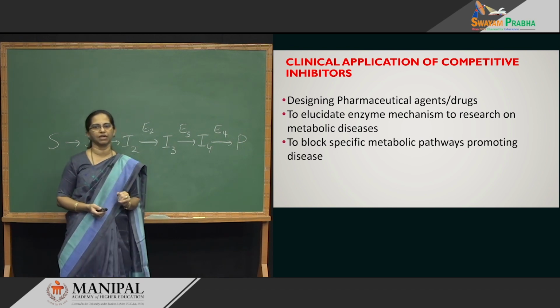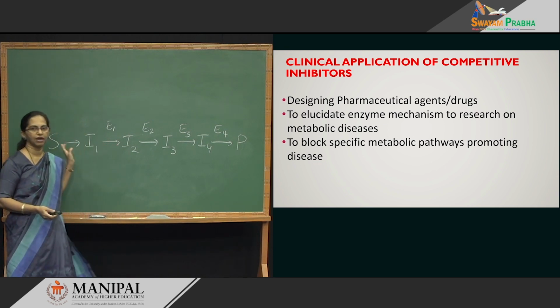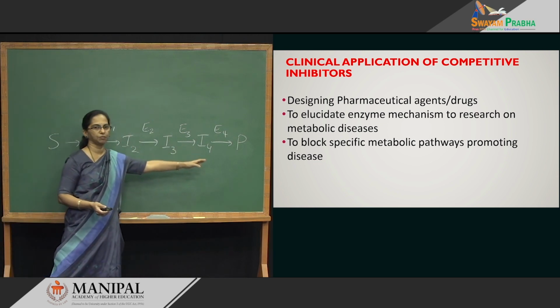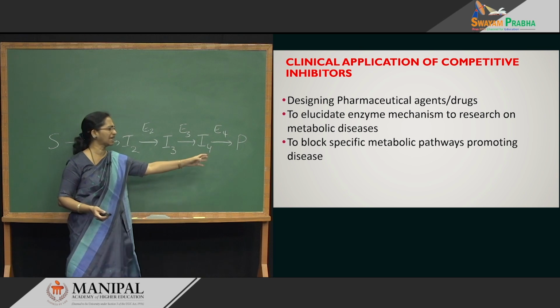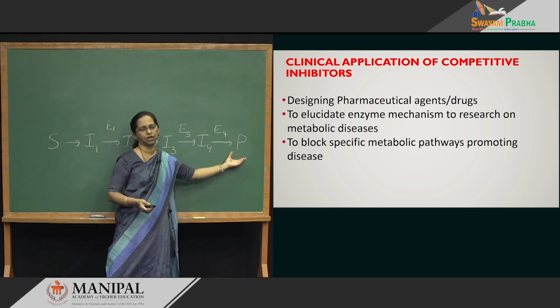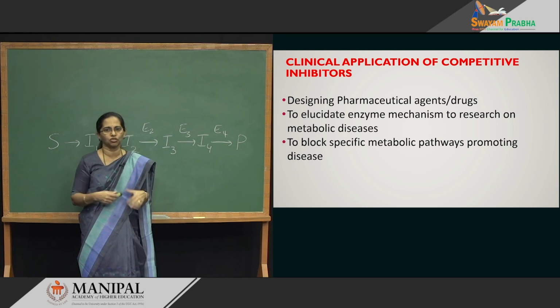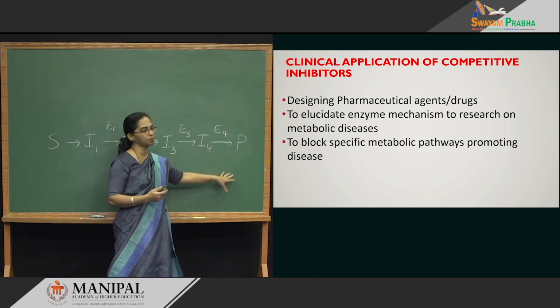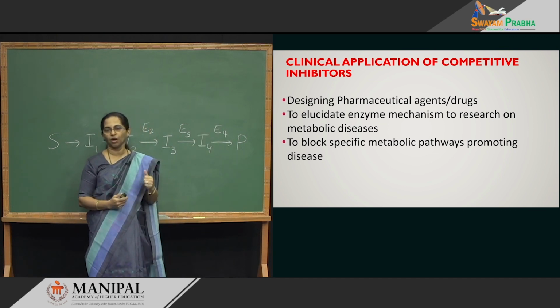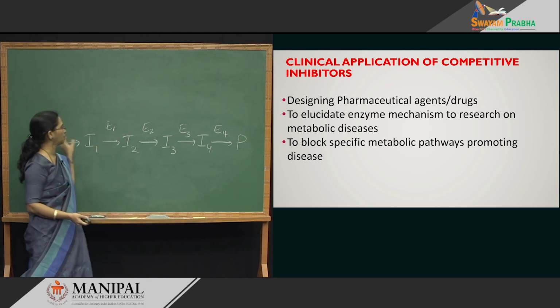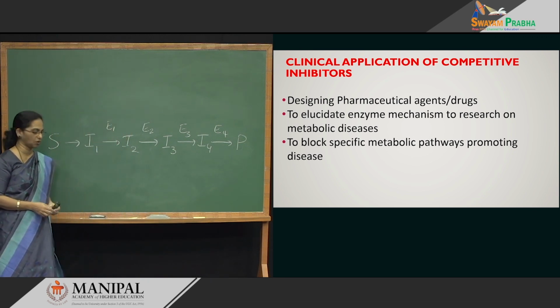Now, let me give you an example. Have a look at the board. You have a substrate, you have to make a particular product. Let us say this product is cholesterol. Now, there is a patient who has high cholesterol. He does not want cholesterol to be produced in the body. Now, you will give a drug to him. What drug? A drug that will not produce cholesterol. So, how do we do that? Say for example, this is a pathway that produces cholesterol.